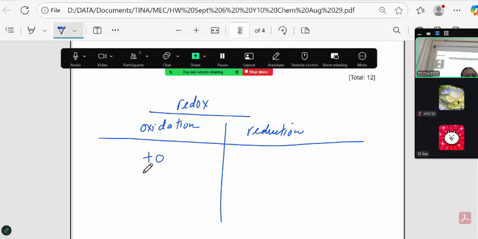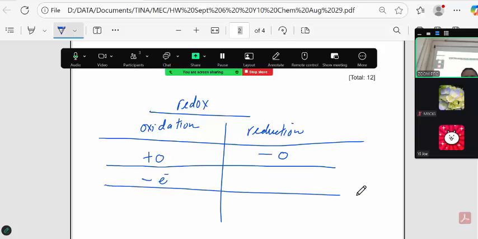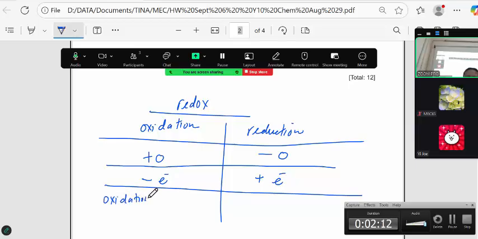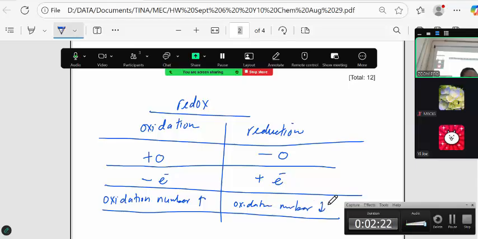If something gains oxygen, it's oxidation. If something loses oxygen, it's reduction. If something loses electron, it is oxidation. If something gains electron, it's reduction. If the oxidation number goes up, it is oxidation. If the oxidation number goes down, it is reduction.